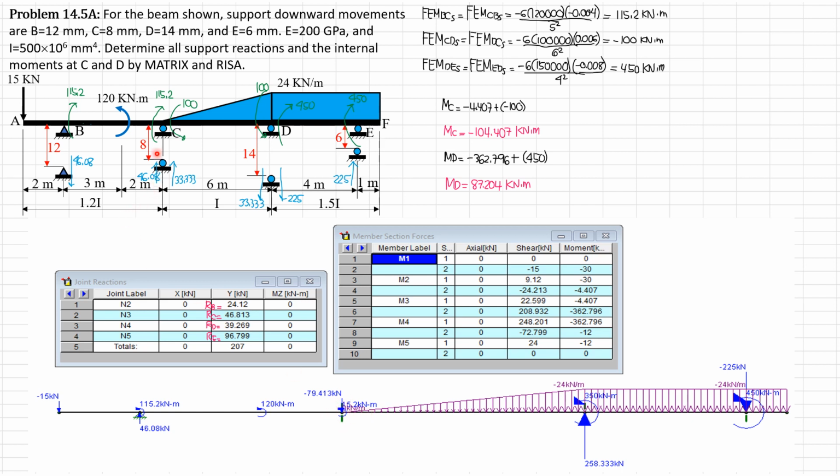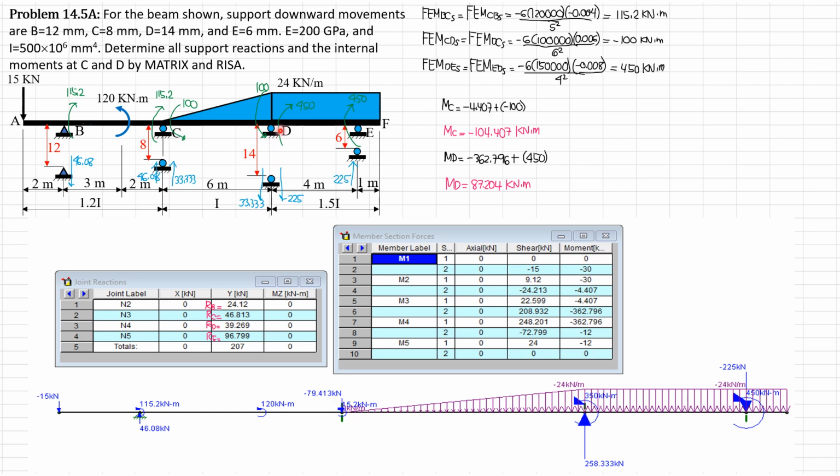And since these are upward forces, 46.08 and 33.333, the load should be downward. The sum of these two is negative 79.413 kilonewtons. Again, that's negative 46.08 and negative 33.333, which is negative 79.413 kilonewtons.